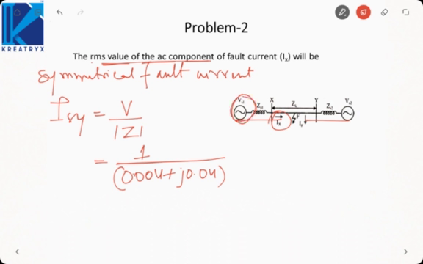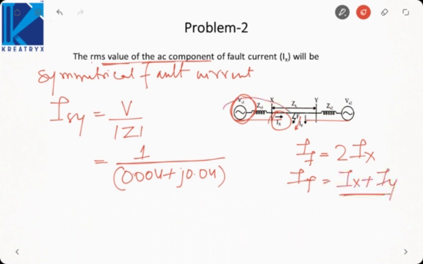If it were asking about If, If is actually 2 times Ix because If is Ix plus Iy, which both will be equal. Why will both be equal? Because the system is identical here and here. Both the systems are identical. Since it is asking only about Ix, I am calculating Ix. So this will come out to be 24.9 angle minus 84.29.